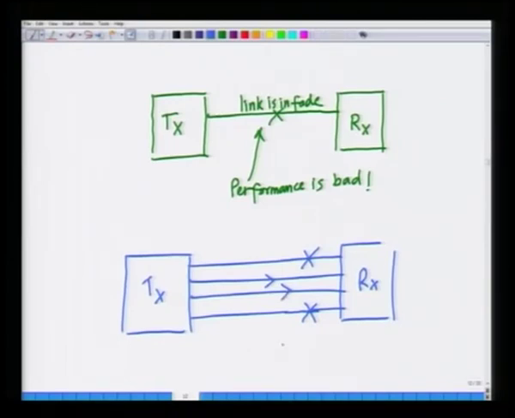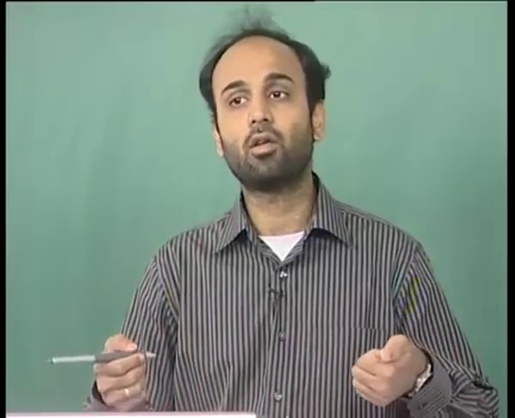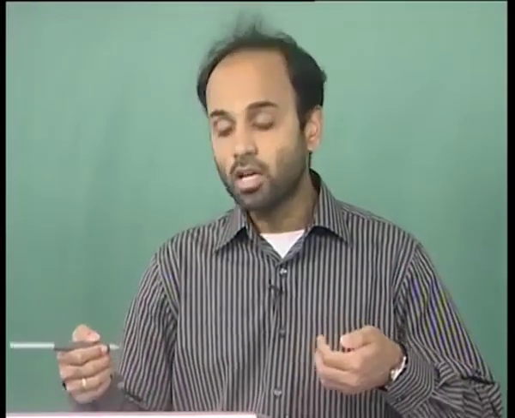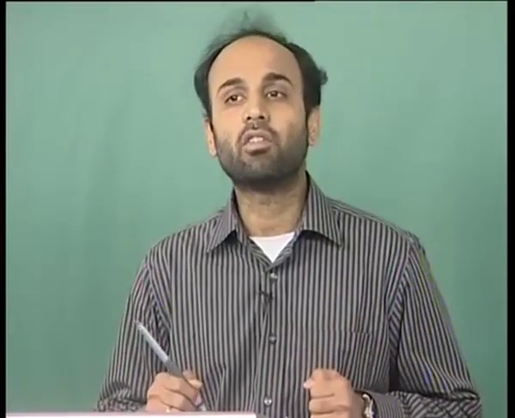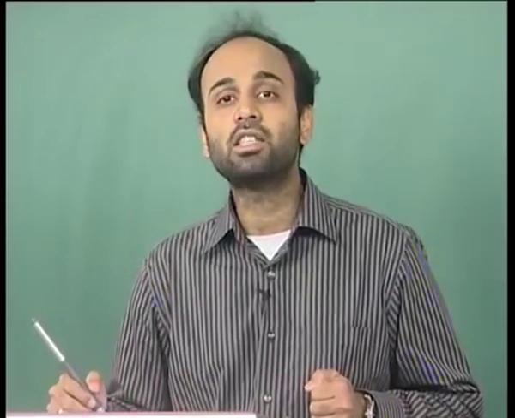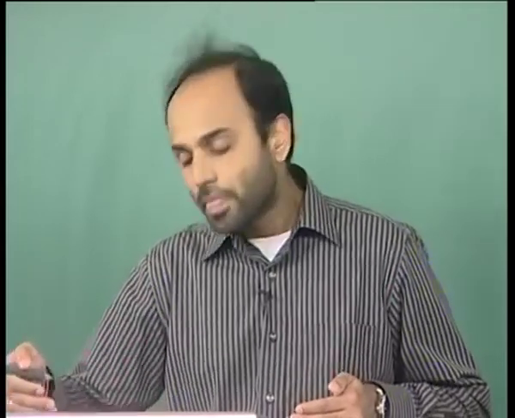So, instead of depending on a single link, that is a single transmit antenna and single receive antenna, I can now increase the number of antennas in this system. Remember there are already multiple paths, but now there are multiple links on which I can transmit information between the transmitter and receiver, so that even if 1 or 2 links amongst these are in a deep fade, the rest of the links successfully carry the information.